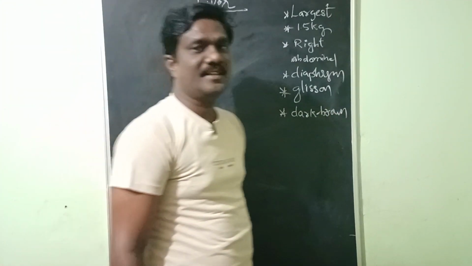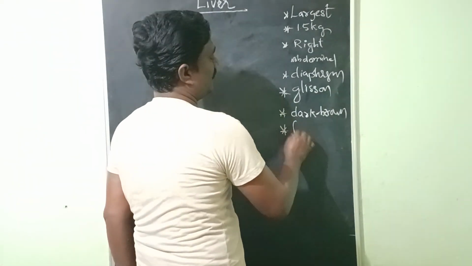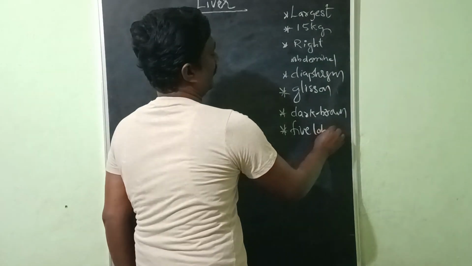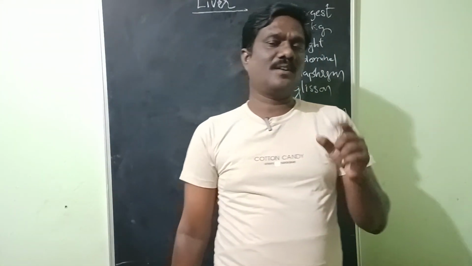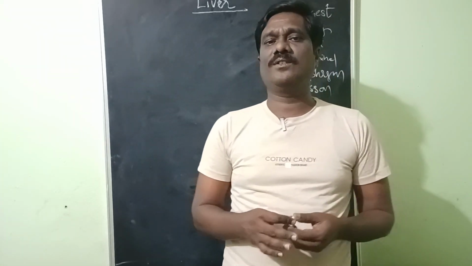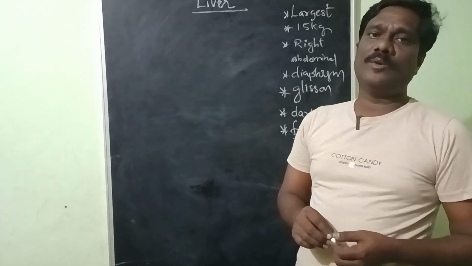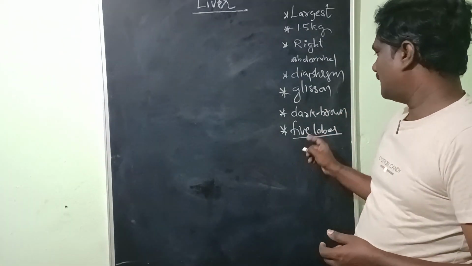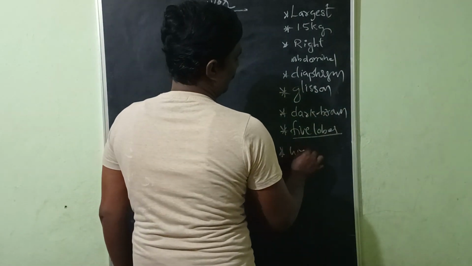It has five lobes. Actually we can see two main lobes, but these lobes are again divided into multiple, so it has a total of five lobes. It is dark brown in color, wedge shaped.